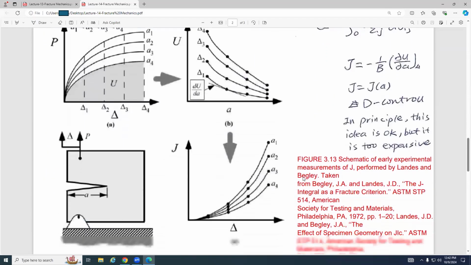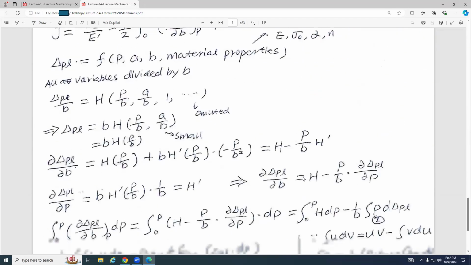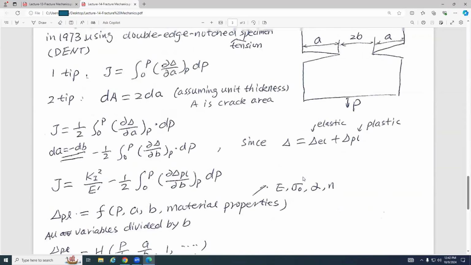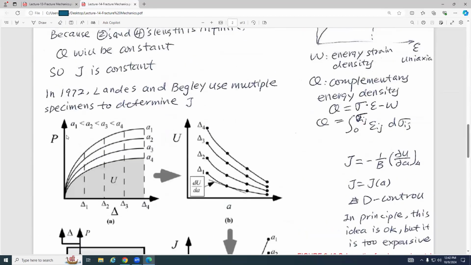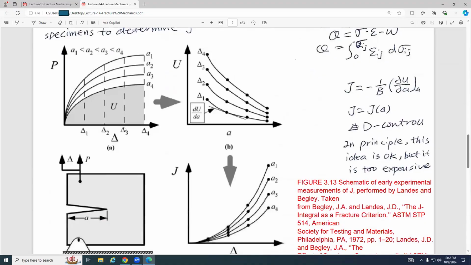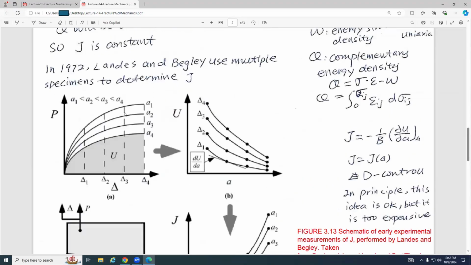Okay, and then we cannot finish this, but it is very, very important. In 1972, Landis and Begley used multiple specimens to determine J. You can see A1, A2, A3, A4.